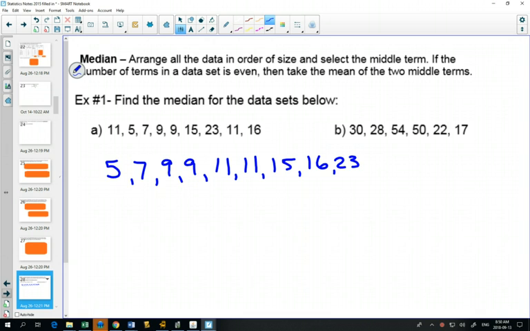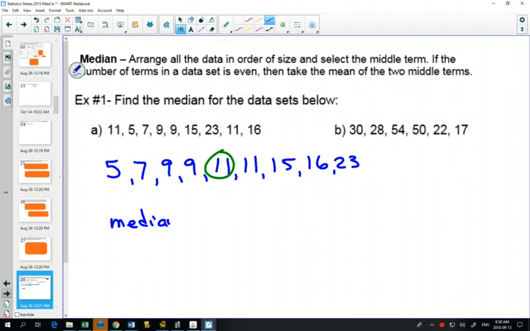When I was done, I counted how many I had, just to make sure that it matched up with how many were there. And now in this case, there's 9 terms. Which one is going to be right in the middle? The 11. Notice there's 4 terms on the left, 4 terms on the right. So in this case, our median is 11.